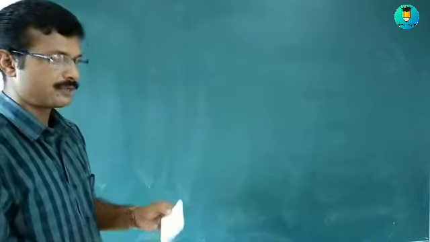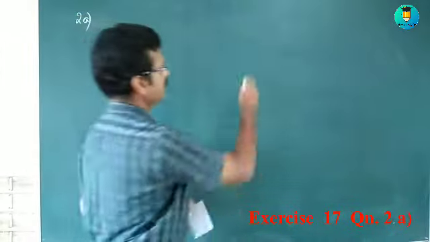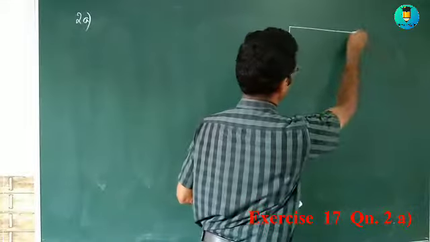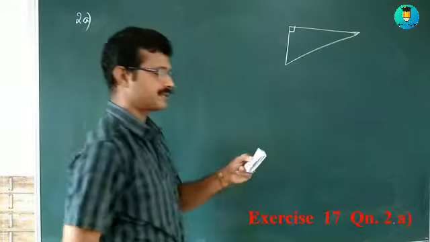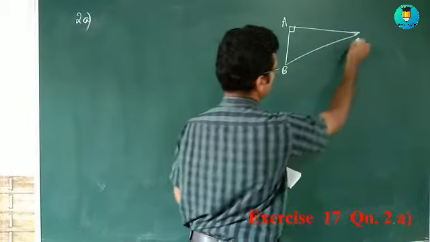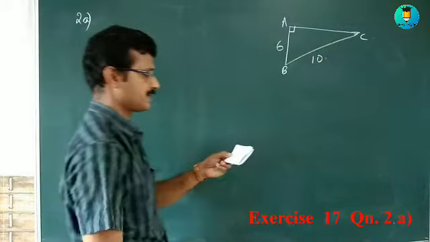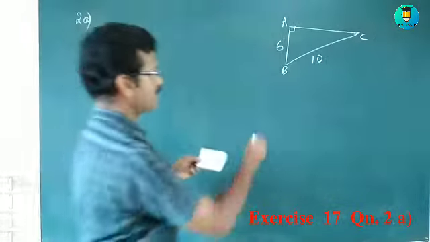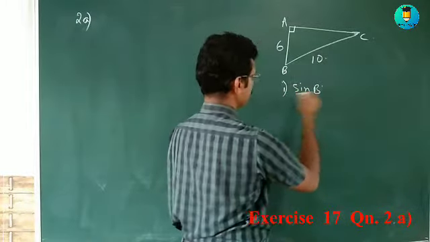Exercise 17. First of all, we will do question number 2a part. See, right angle triangle is given in tilted way. So this is the naming A, B, C. The sides are given. This is 6 and this is 10 centimeters. Question is, we have to find out from the figure: the sin B, that is the first part.